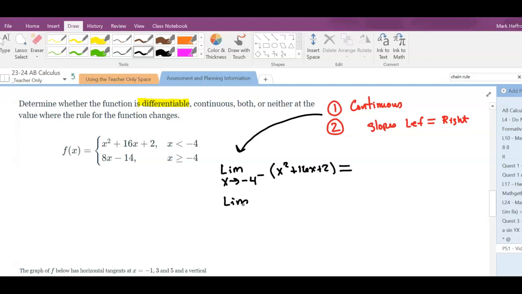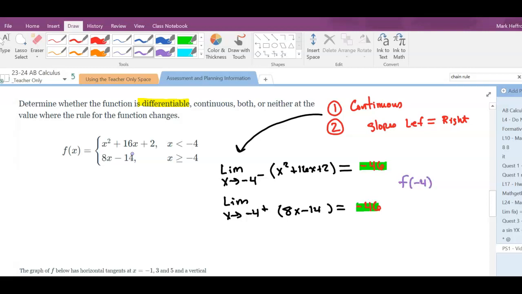Then we'll show the limit as x approaches -4 plus, so that's going to be our 8x minus 14. What does that equal? So we've checked both sides. Both limits equal -46. But that still does not mean we're continuous until we find f of -4.